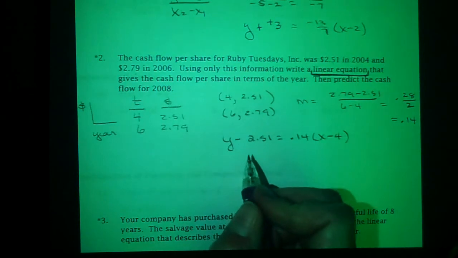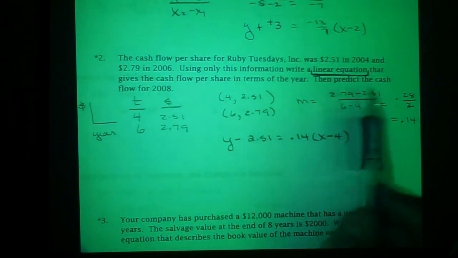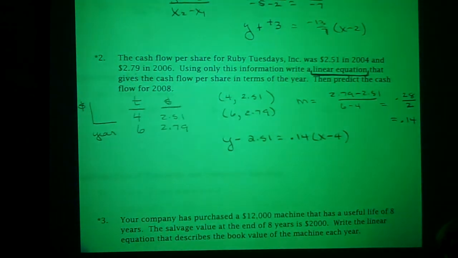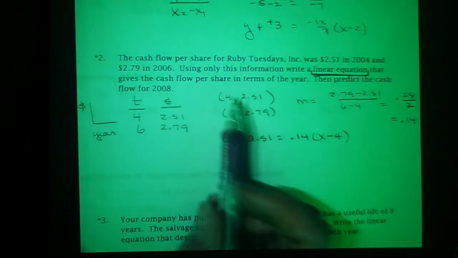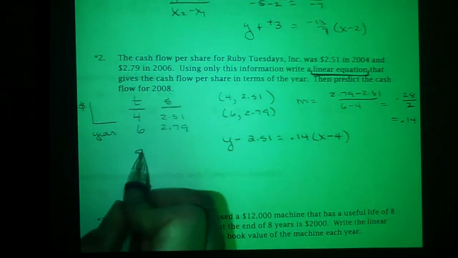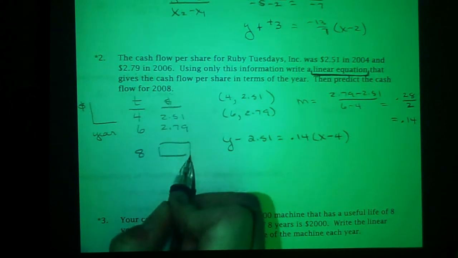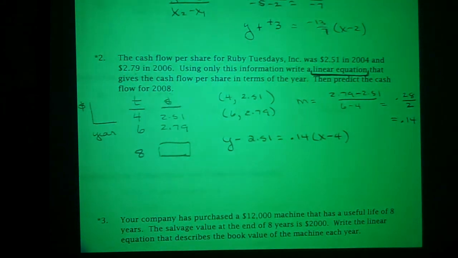And the reason that I might want to do that is this last sentence: predict the cash flow for 2008. So in order to do that, I want to figure out when T is 8 what the cash flow is. I could just add 0.14 twice, because that's the slope.